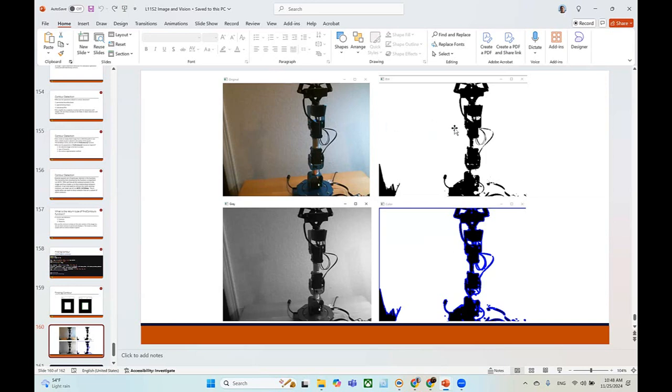I take a picture and convert it to black and white, which is gray level. From the black and white, I do detection for the boundary. That would be the blue one. Blue is the edge. And further, if you want to do computer vision features from the edge, you can verify what kind of robot it is.